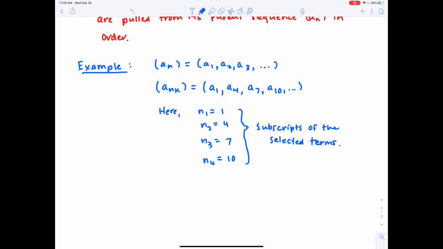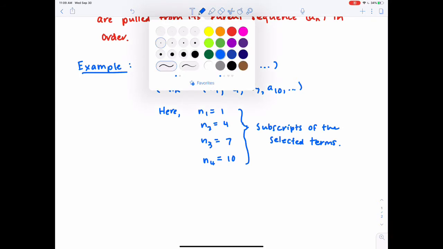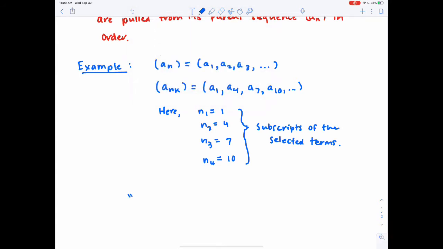Now, it's possible that you could take a subsequence of a subsequence. It's kind of silly, but it's a subsequence of a subsequence of a_n.